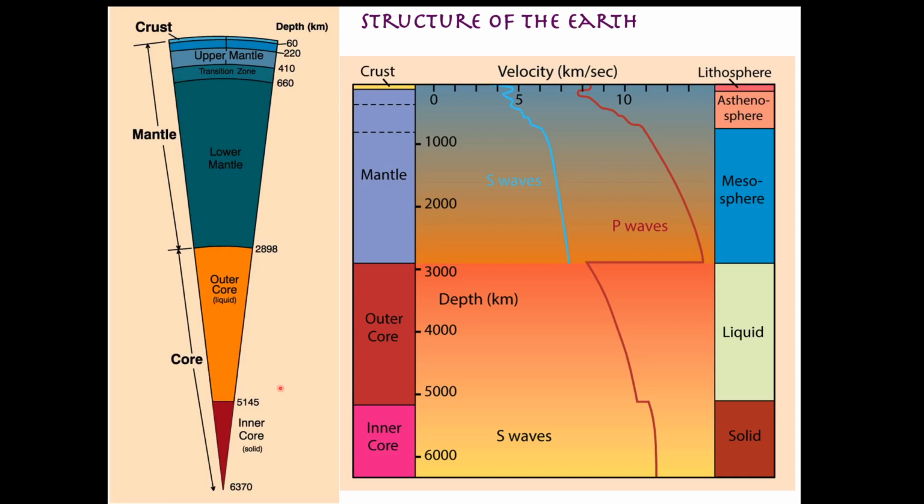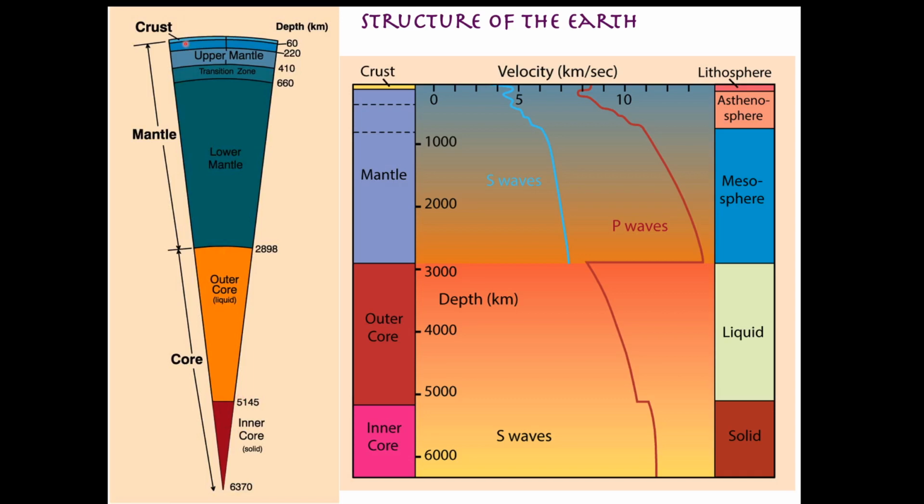Next, what we need to understand, and revise again, is the structure of the earth. I have done this in the class, but you already know that the earth can be divided into the crust, the mantle, the outer core, which is liquid, and the solid inner core. This is based on the composition.